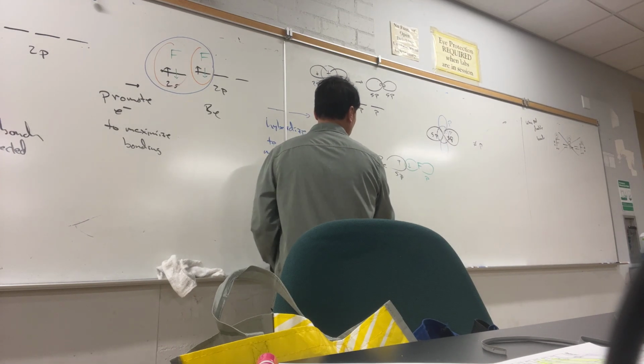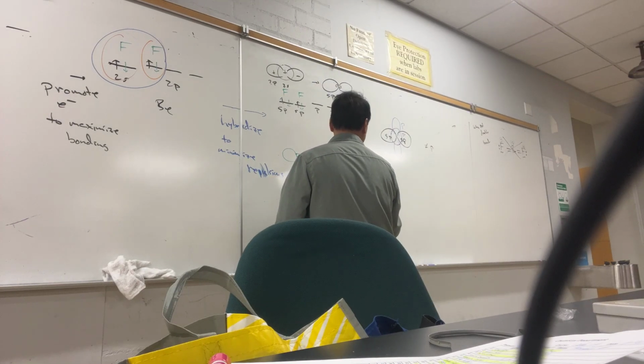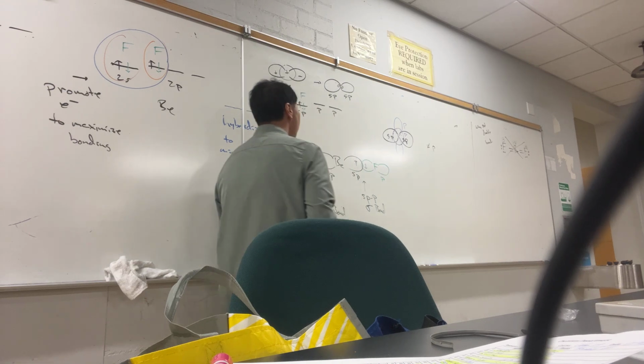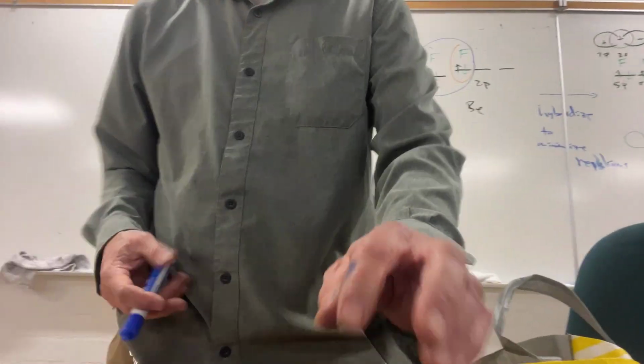And the bond's going to be held together by the increased cloud density in the internuclear region here versus over here. And so that's what's going to hold the two together. And so we end up with a structure that looks like this.